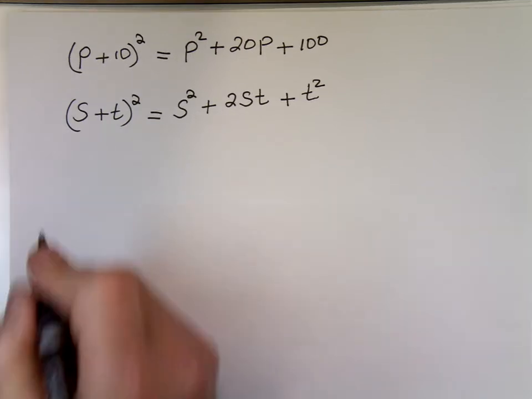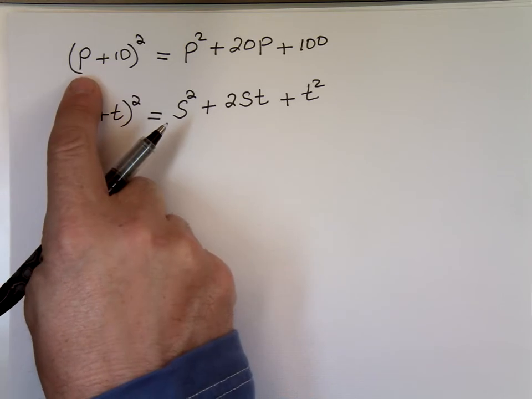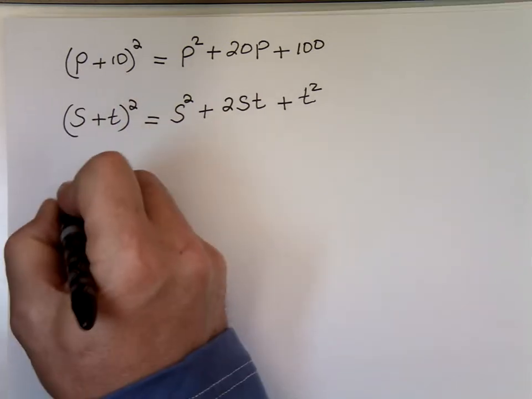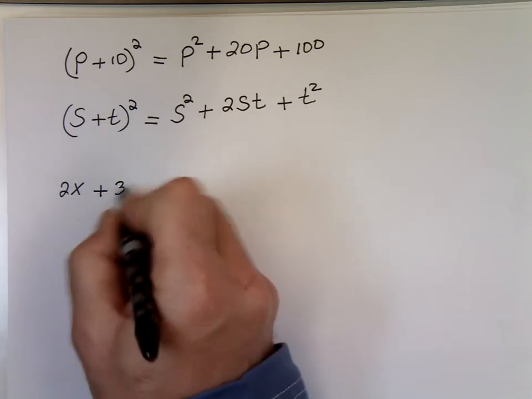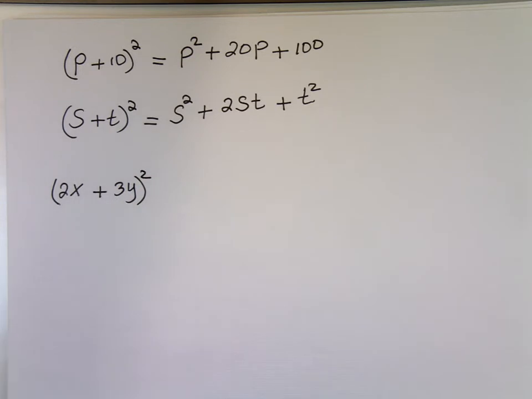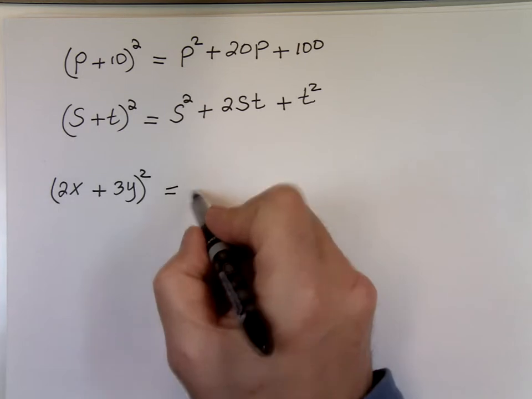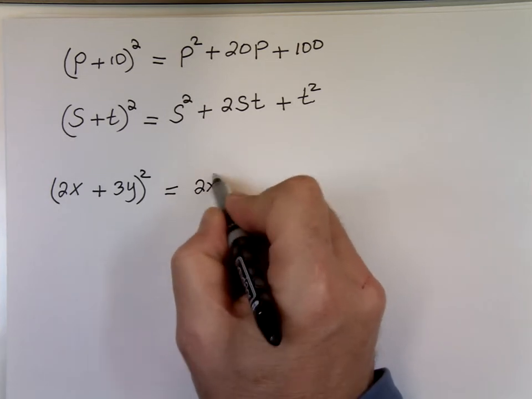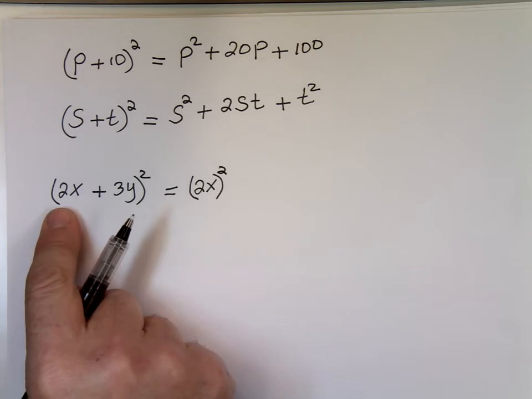Where this might be a little bit tricky, when you start dealing with more than one thing here, like let me give you this example. 2x plus 3y squared. This might be worth it to break it down in 2 steps. Meaning what? Follow the rule. Square the first one. Let's just write it like this for now, then we'll come back and find the answer to it. Square the first.